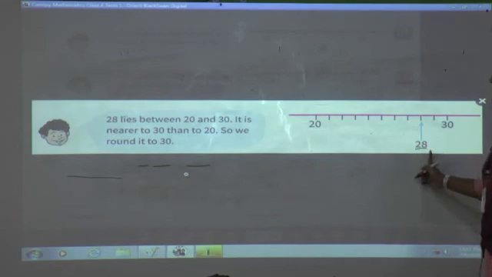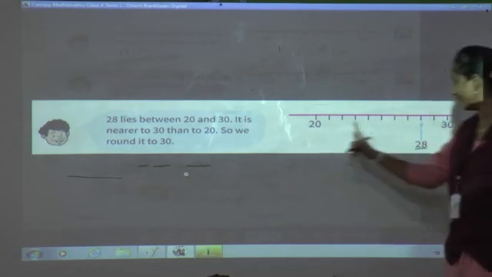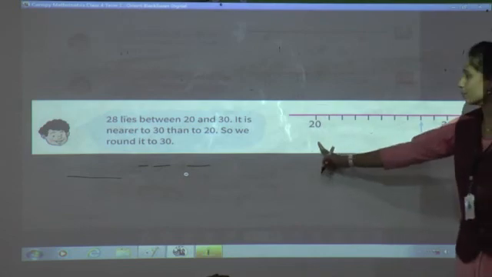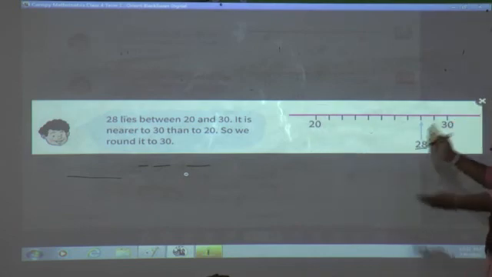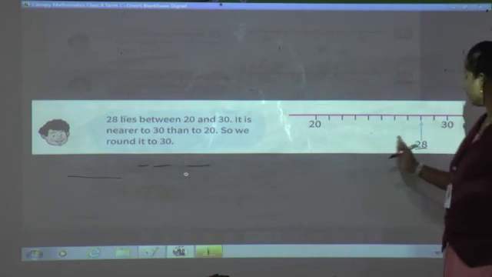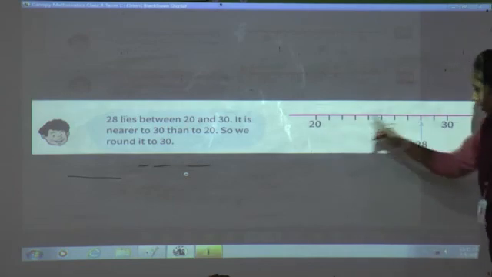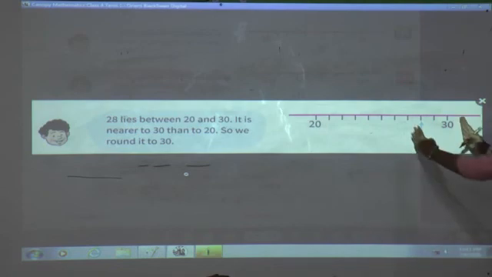When it lies between 20 and 30, can you see whether 28 is near to 20 or 30? It is near to 30. So we have to round up this number to 30.